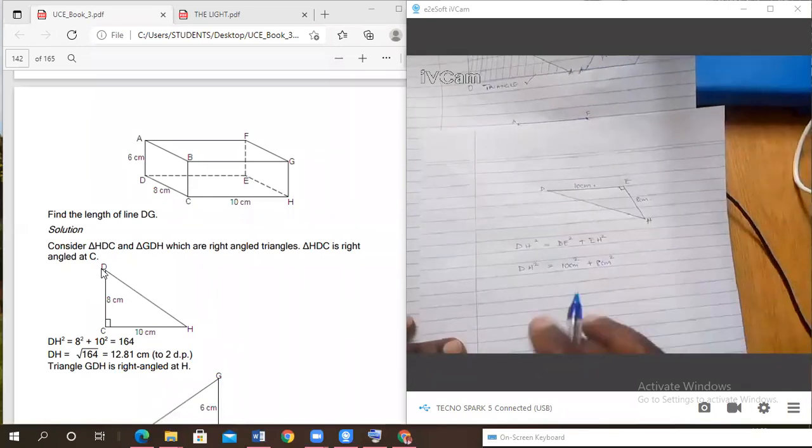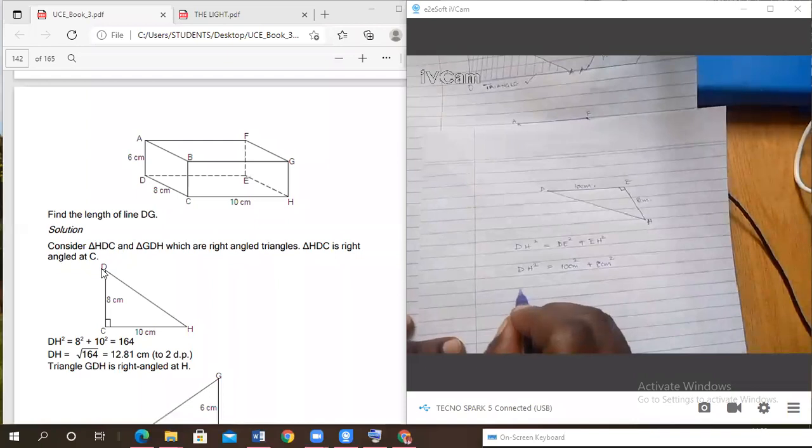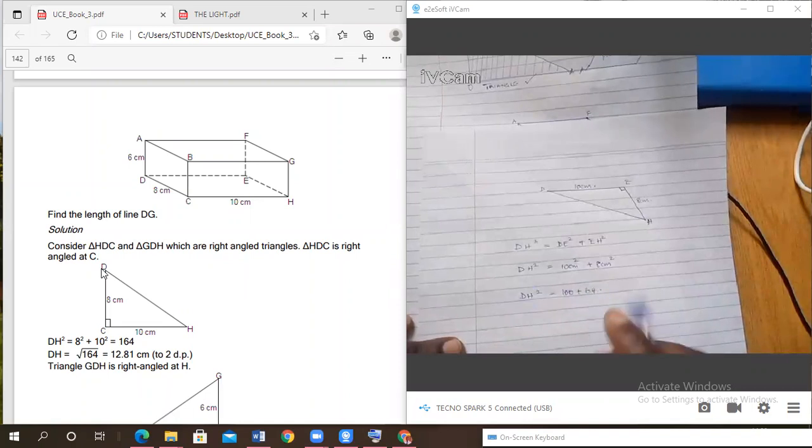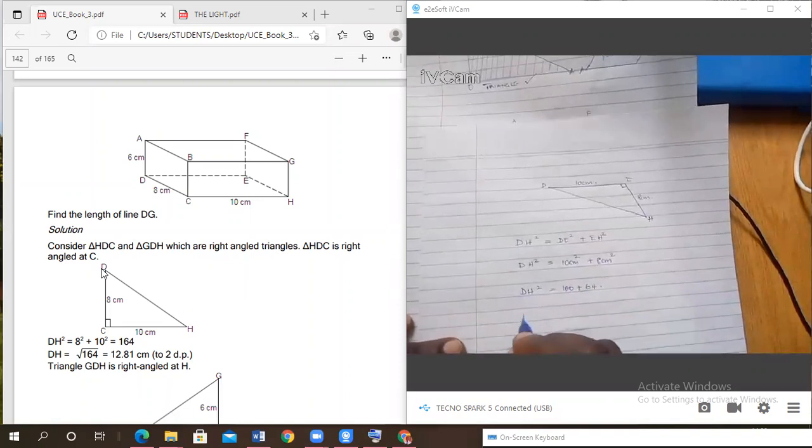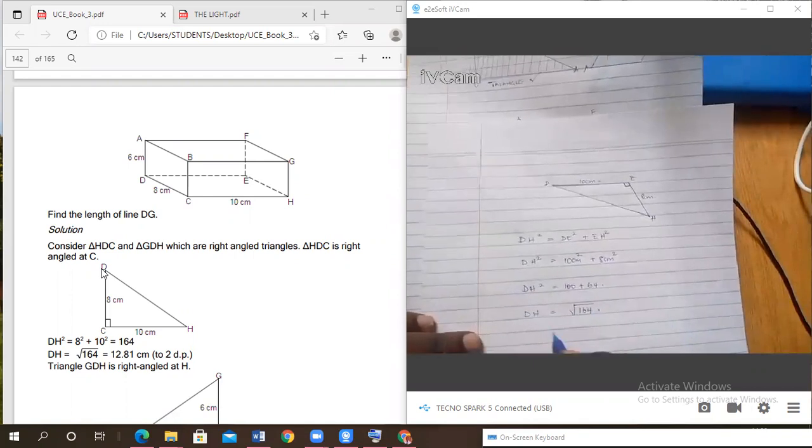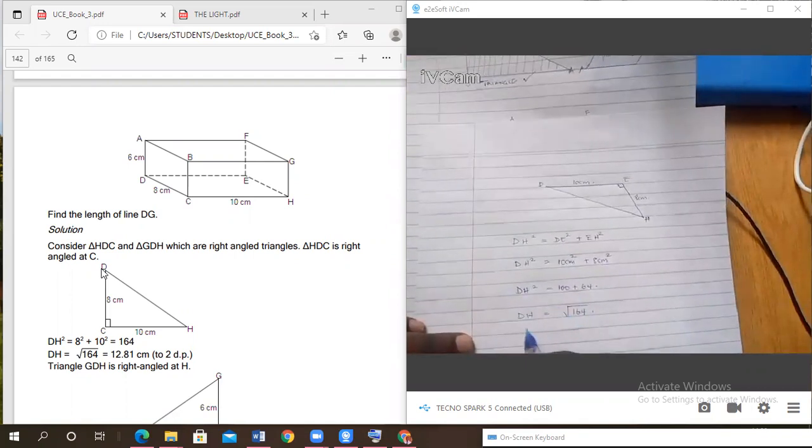Okay, now from there, what do I get? DH squared will be equal to 100 plus 64. And my DH is the square root of 164. Here you take the square root on both sides, because when you add 100 plus 64, you get 164. So if this was squared, you find the square root on both sides.